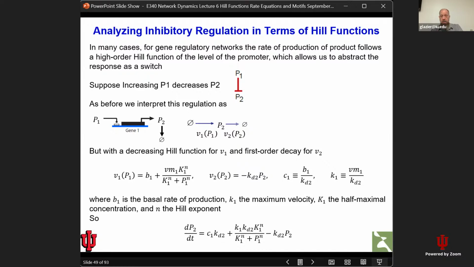And so again, we can write the ODE for the amount of P2. It's C1 times KD2, which is just a constant, plus our Hill function of P1, minus KD2 P2.